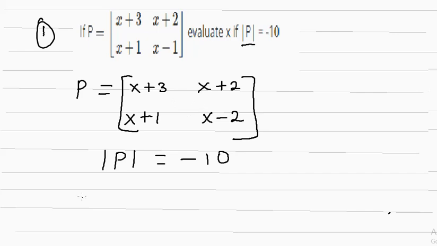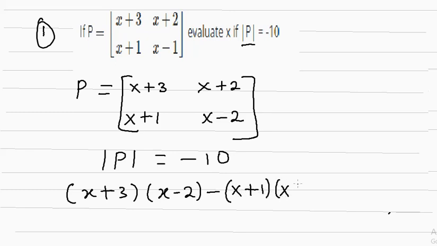So this is going to be x plus 3 multiplied by x minus 2, then minus the bracket x plus 1, x plus 2. According to what we are told, the determinant is equal to minus 10.